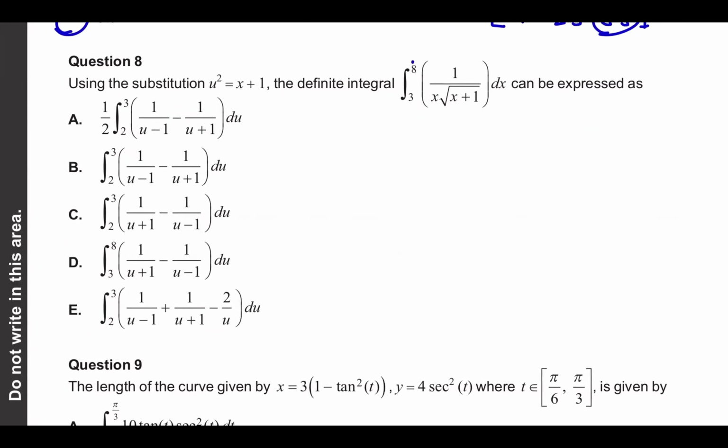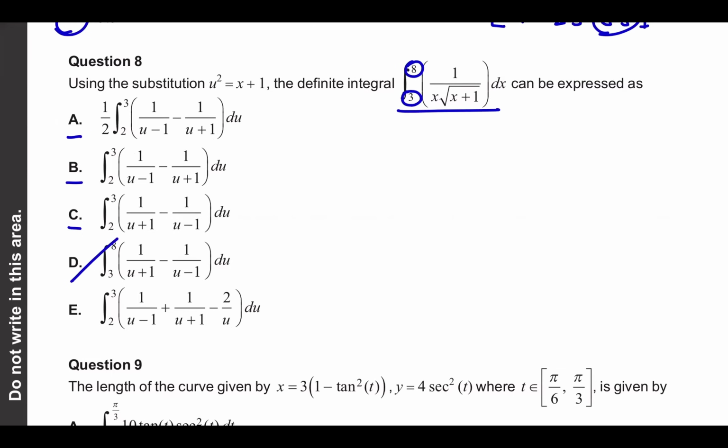First of all, after your change of variable, your limits should not be 3 to 8. So I'll cross out D straight away. The next thing is I will evaluate this one, this one, this one, following the order, okay? To compare with the result given by this integral.